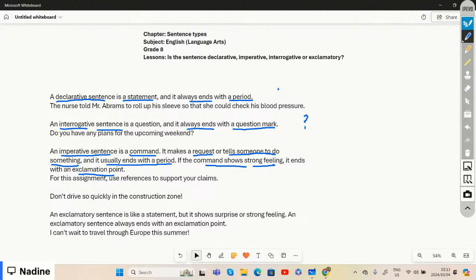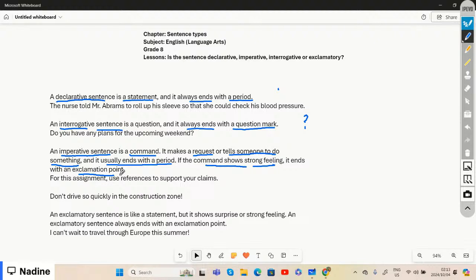That is where your teacher is telling you to do something, not commanding you. Or if the command shows strong feelings, it ends with an exclamation point. That means: don't drive so quickly in the school zone! That could be somebody stressing or shouting.